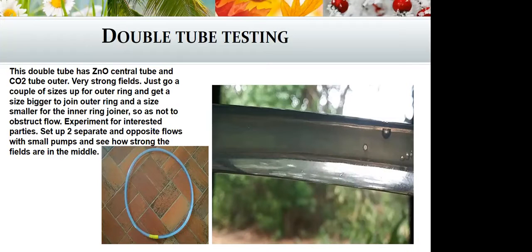And something to test if somebody is really inventive is to try and set this up whereby you connect each ring to a pump and flow in the two pumps, the two different types of liquid plasmas, going in opposite directions to each other. So that's a test for somebody if they'd like to try.